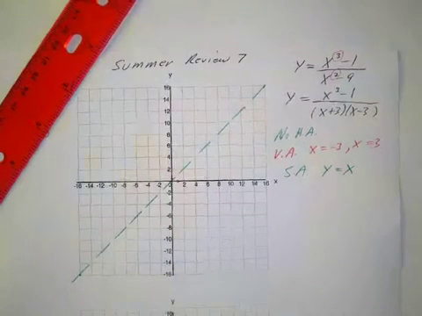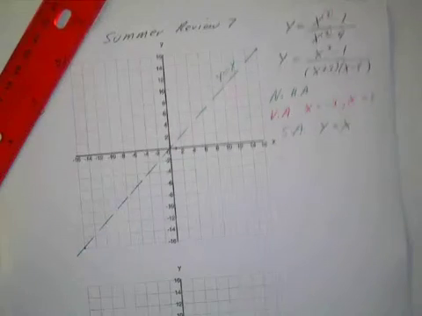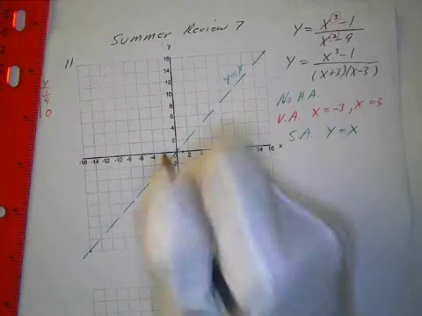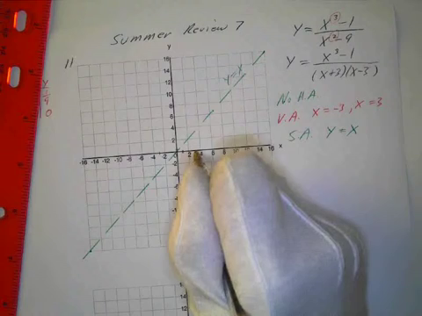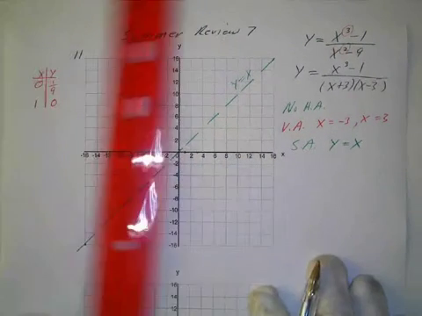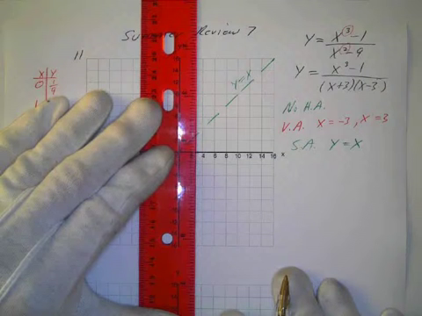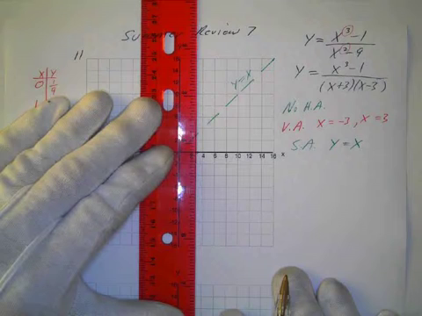So there's your slant asymptote. Okay, no problem. Then we've got a couple of vertical asymptotes: at -3, that's going to be between -2 and -4, and at +3, that's going to be between 2 and 4. Try to get it right in the middle there as much as you can. That should work.